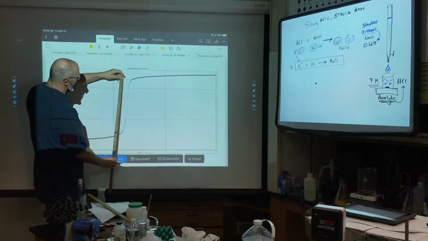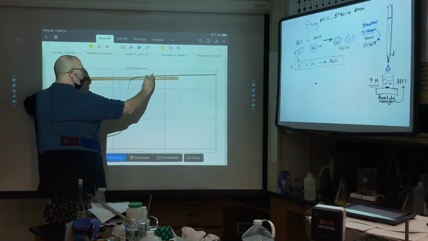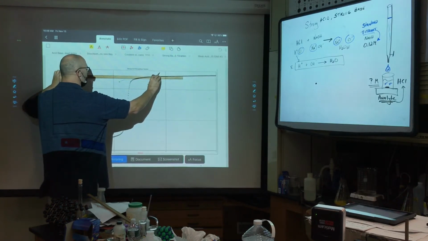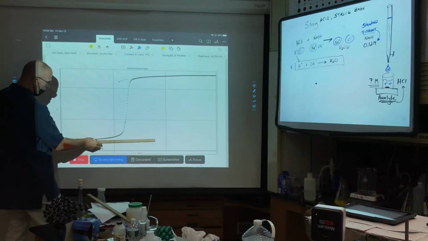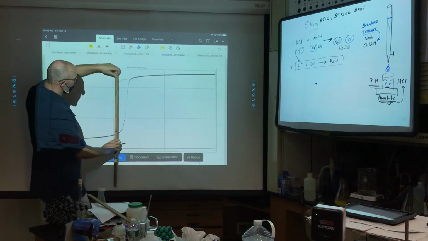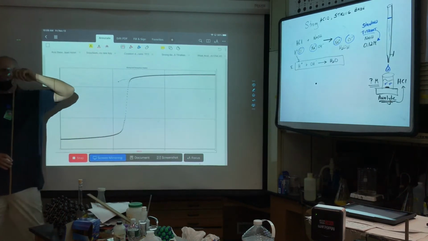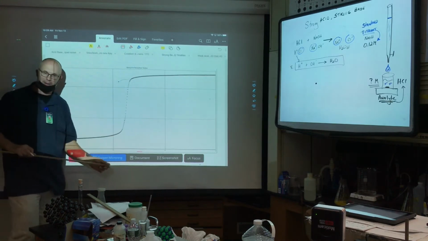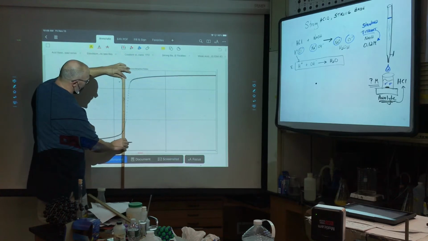So I'm just going to do this roughly. I'm going to say the flat line is here. So I would take this and draw a line from the flattest part of my curve. And I would do the same thing here. Draw a line from my flattest part of the curve. And then I'm going to take that and find a midpoint. For those in geometry, if we had some plots on here, we could do this a little more accurately.